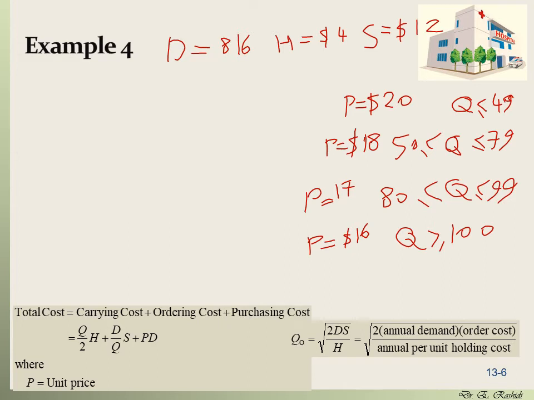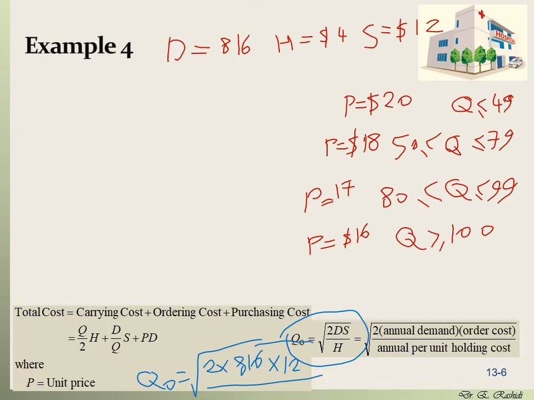So now let's find the optimal quantity. We start off by using the formula here to find the general optimal quantity. So that would be Q equal to the square root of 2 multiplied by D, which is 816, multiplied by S, which is 12, divided by H, which is 4.